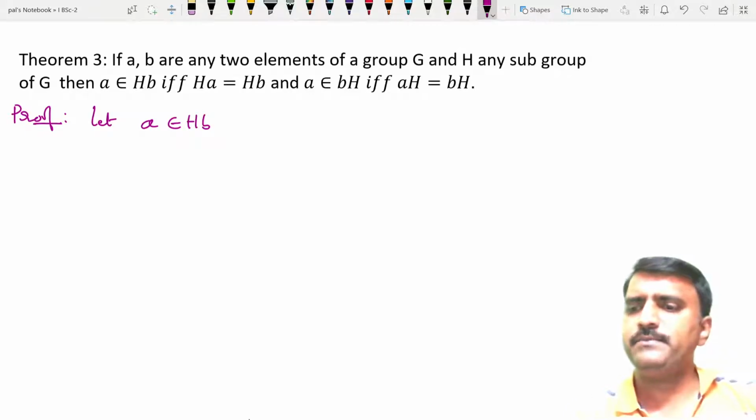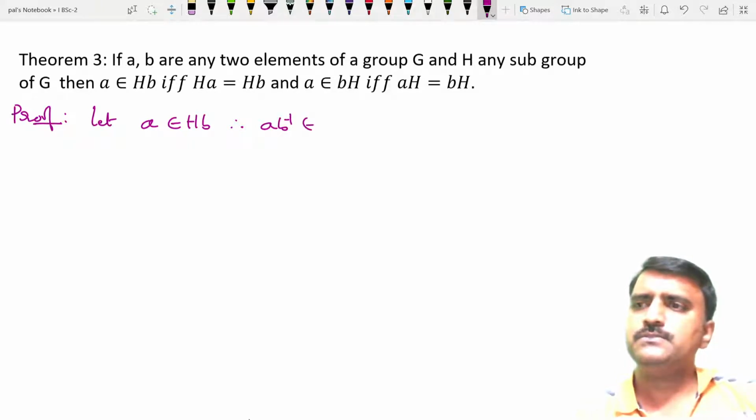If A is an element of HB, then the element AB inverse belongs to HB B inverse. You know that if A is an element of HB, then AB inverse is an element of HB B inverse.